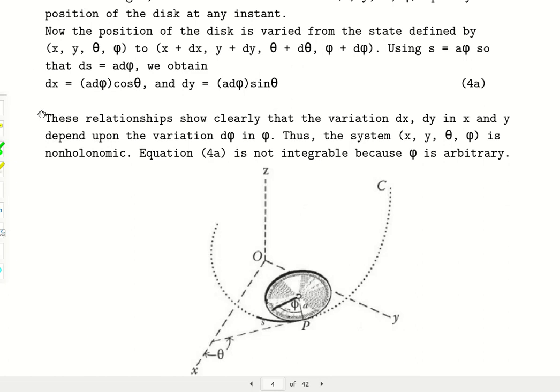So we can't simply integrate it and get the value of x in terms of theta or phi. Similarly, there is a difficulty in solving for y from equation 4a. So these are examples of non-holonomic constraints.